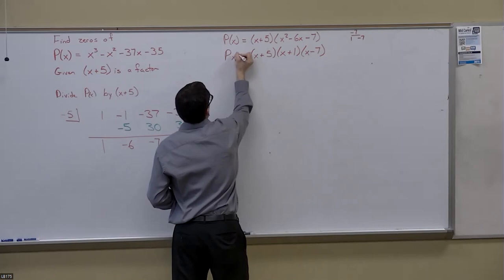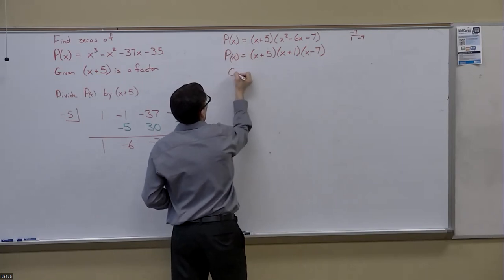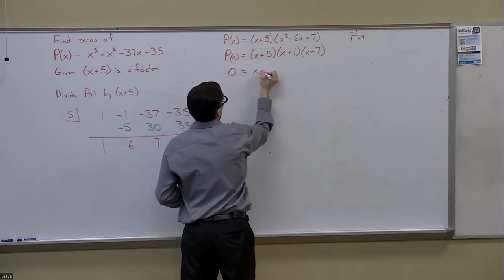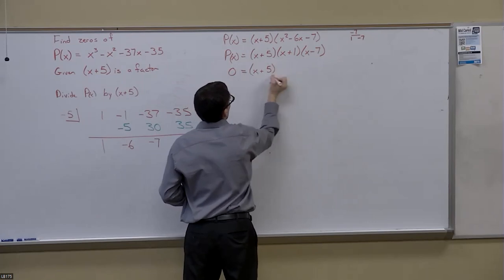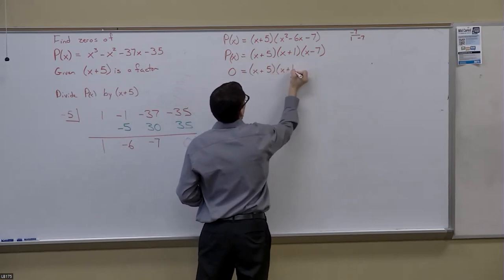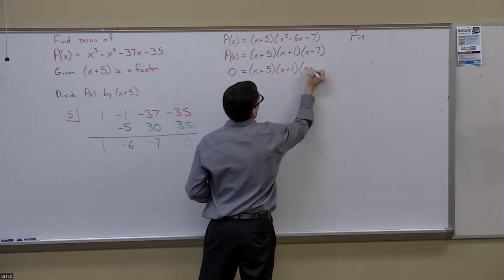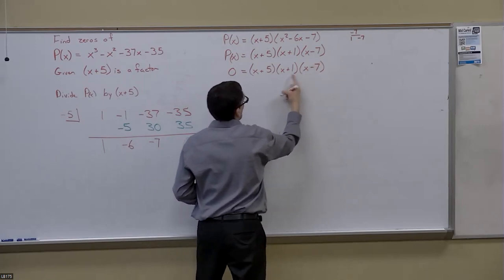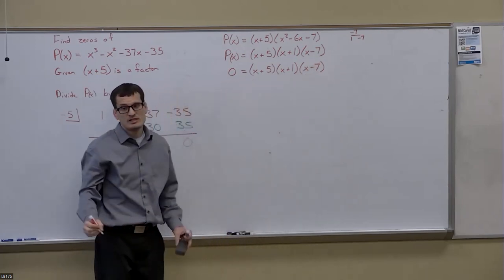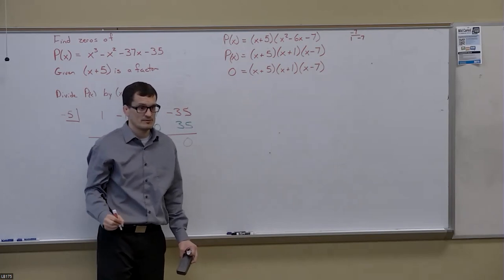My polynomial factors nicely, and that means if I'm looking for zeros, all I have to do is figure out what number I plug in for x to make each piece 0.